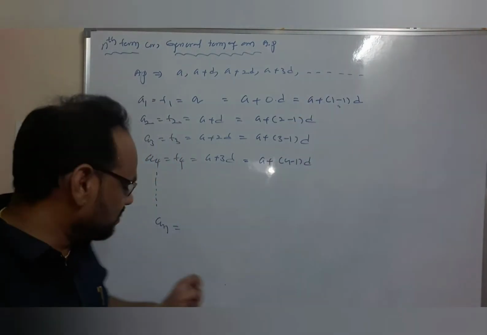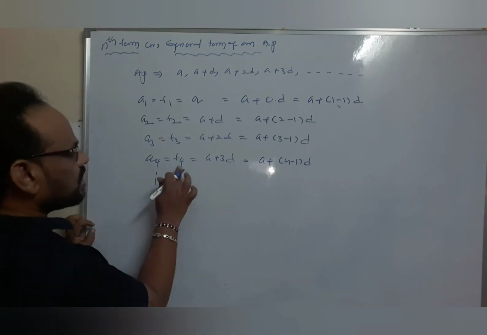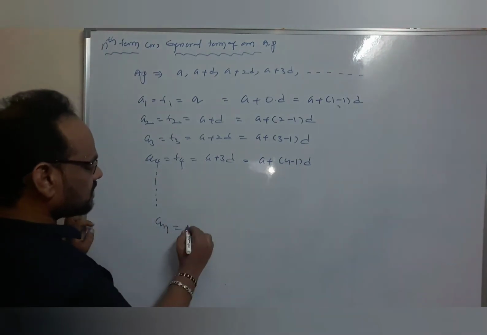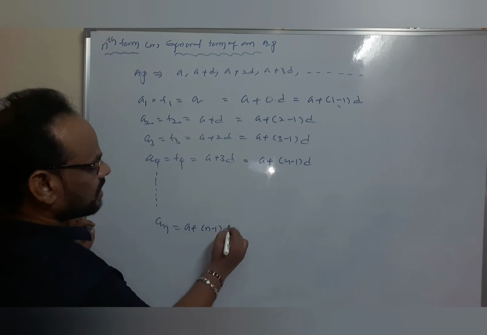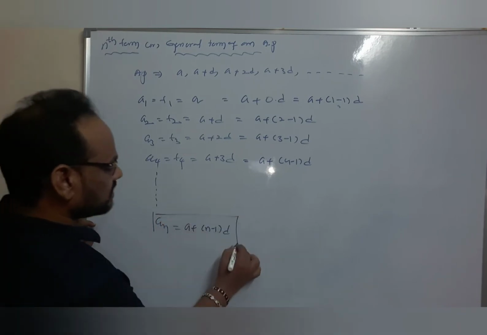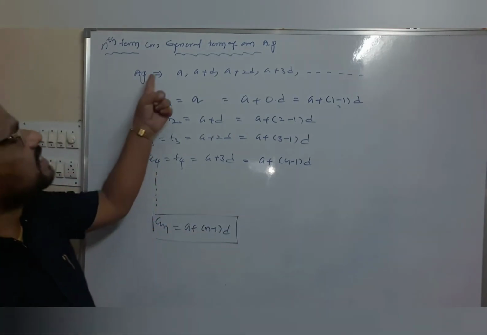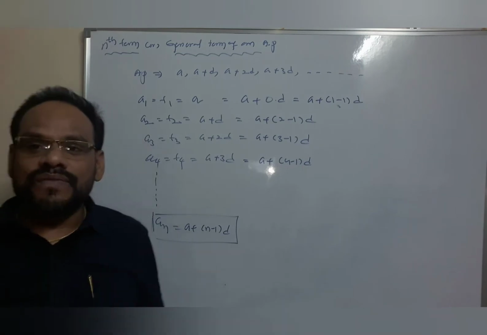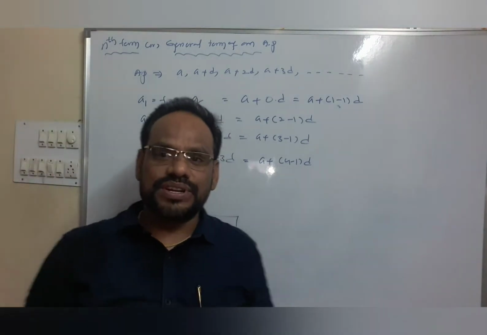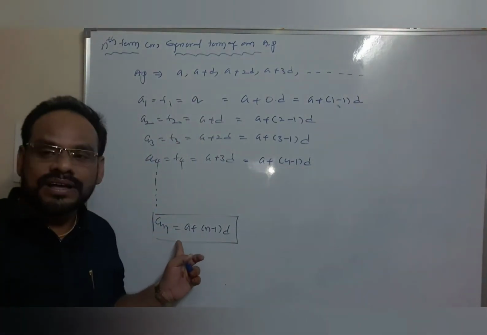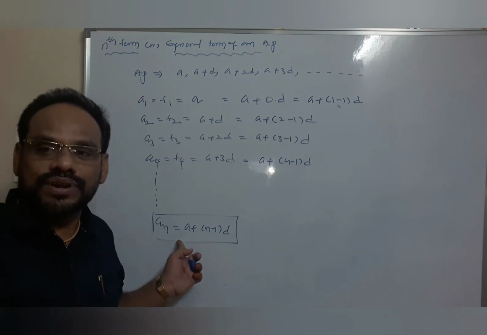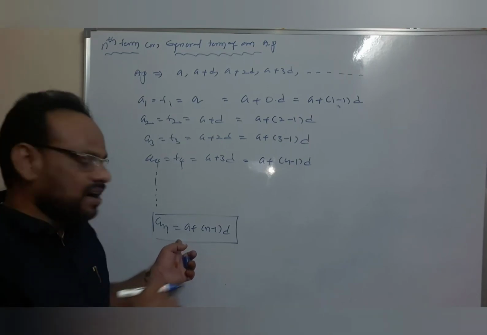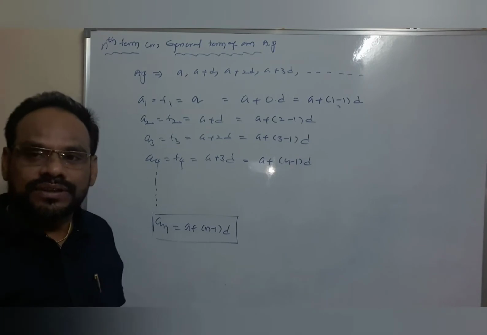We generalize: An is equal to A plus n minus 1 into D. This is called the nth term or general term of an arithmetic progression, or the last term of the arithmetic progression.